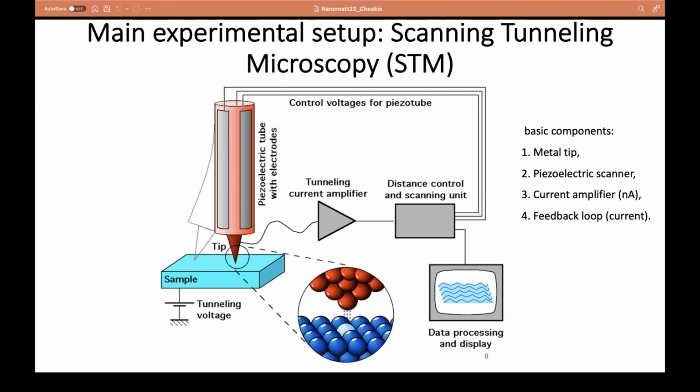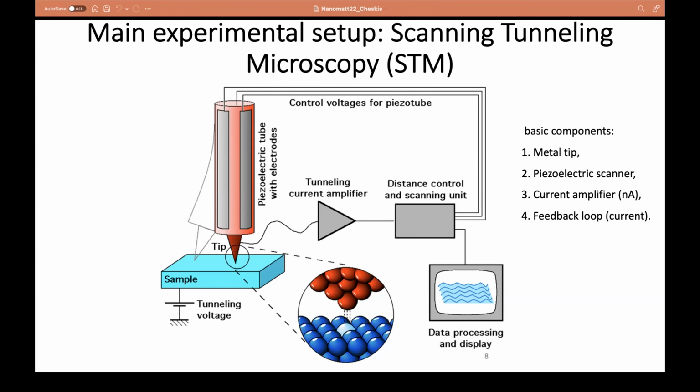If we have a conductive material, we can go at constant voltage or constant height from the sample and also get microscopy morphology of the sample.